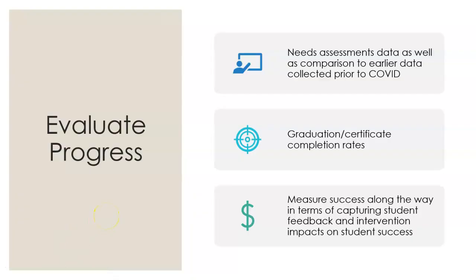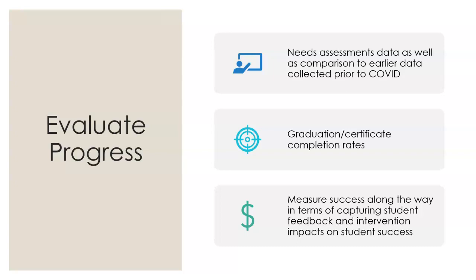To evaluate the progress in this type of project would involve taking a look at those needs assessments, those assessments based off of, again, federal guidelines, to take a look at how they compare to our prior data that we've already collected.